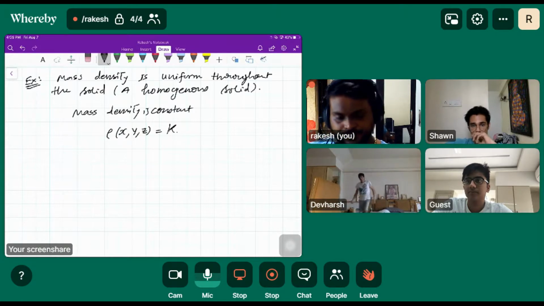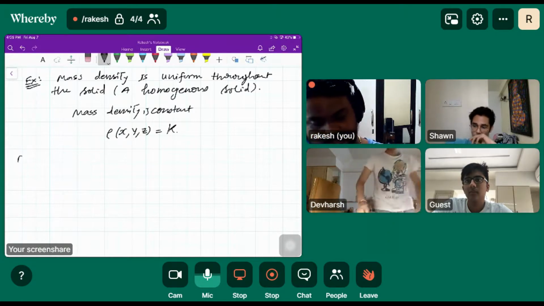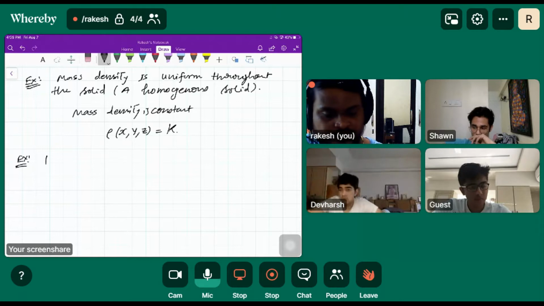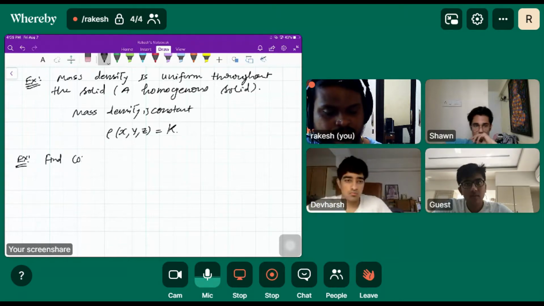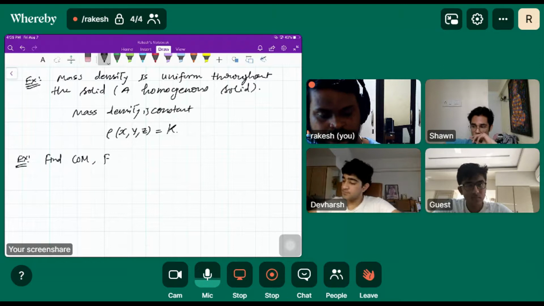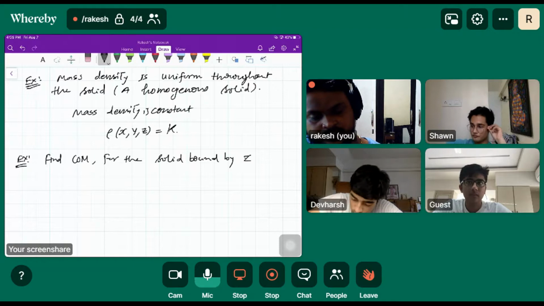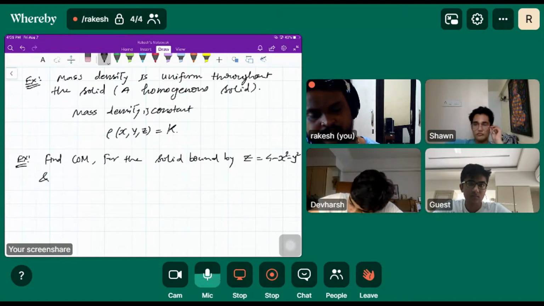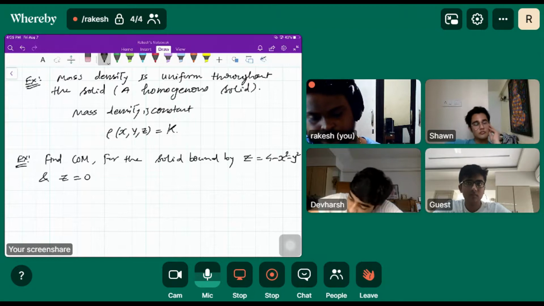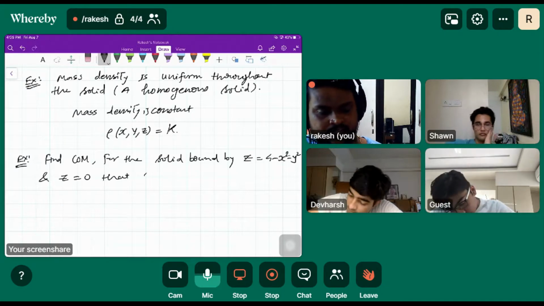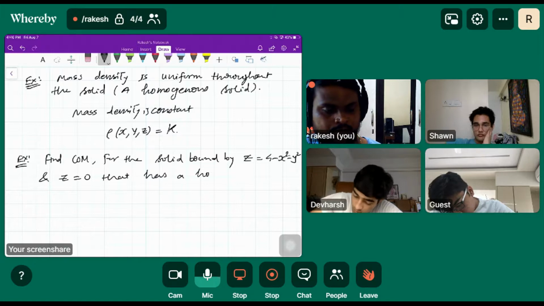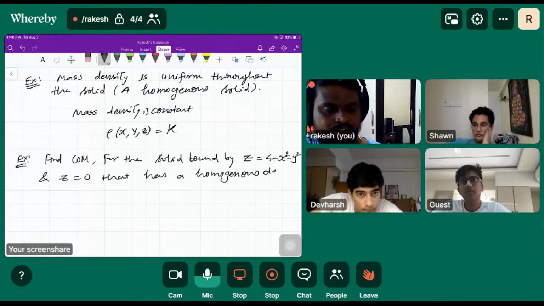Now write down the next question. Find the center of mass for the solid bounded by z is equal to 4 minus x square minus y square and z is equal to 0, that has a homogeneous density.